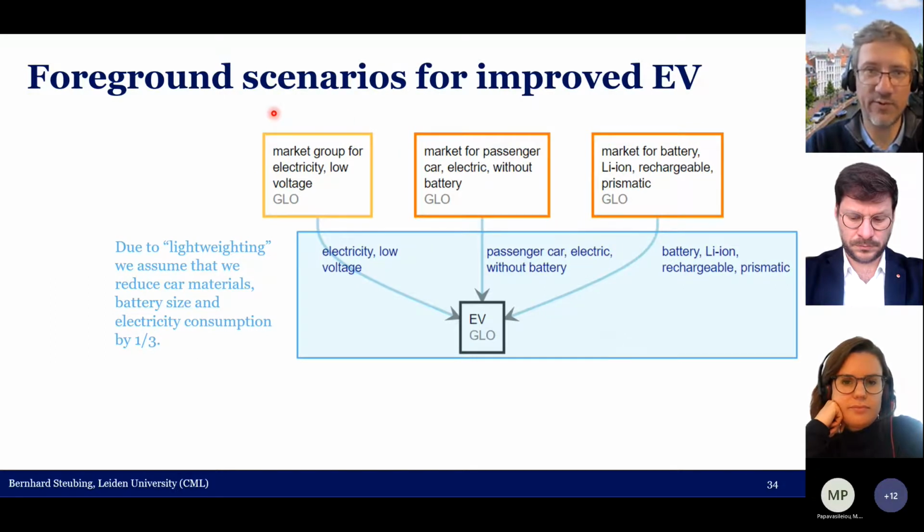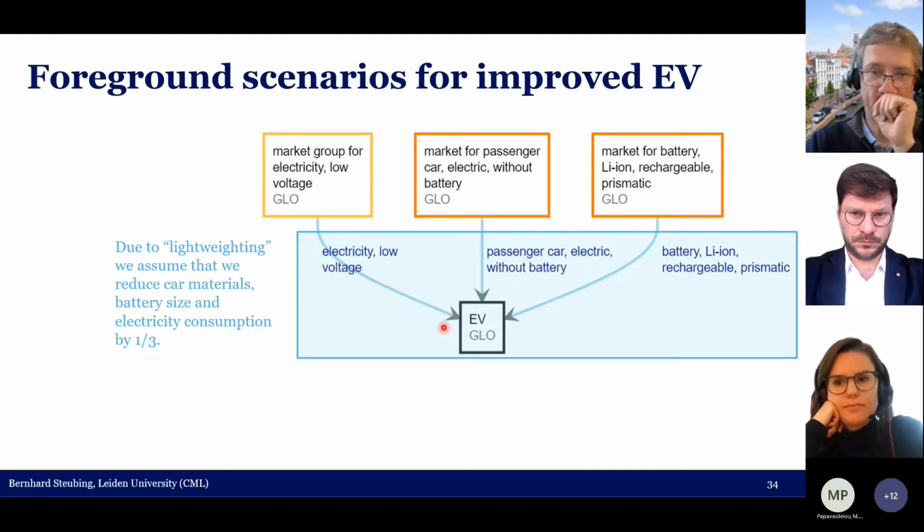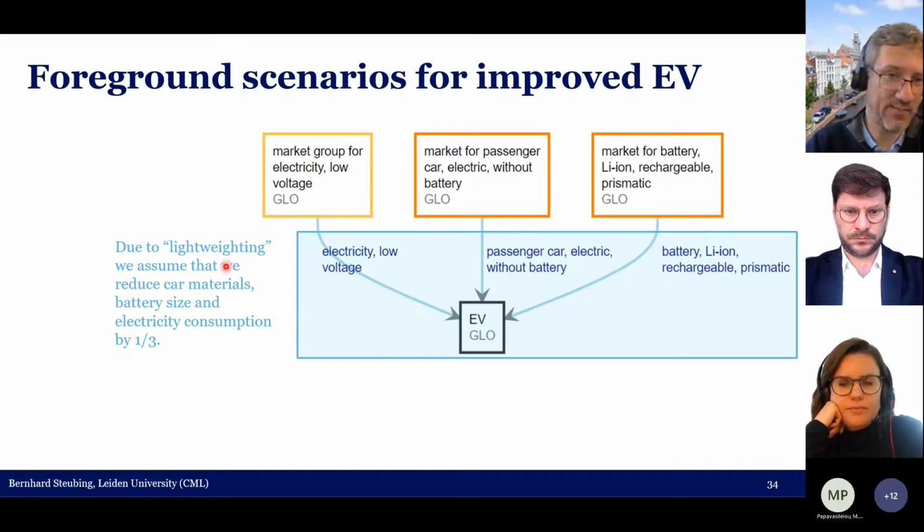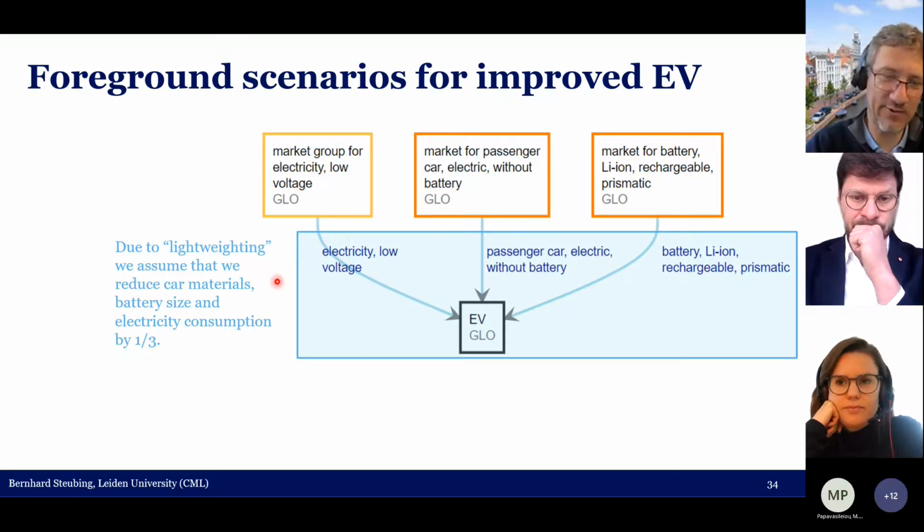Now, let's implement a foreground scenario or foreground scenarios on the electricity, passenger car, input and battery. And let's develop a lightweighting scenario. So this is, of course, not realistic at all.